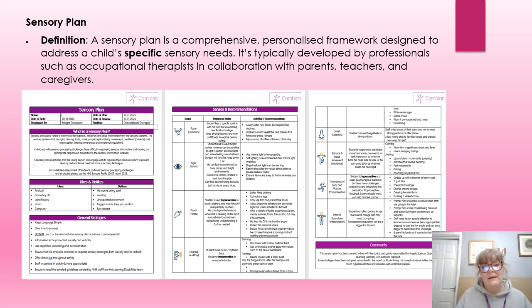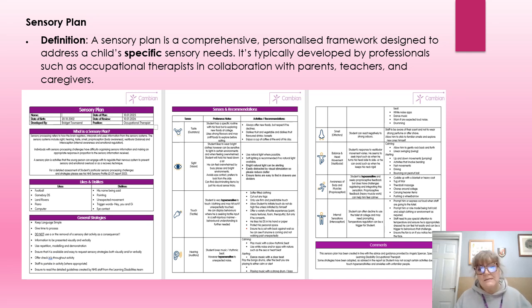These are proactive and preventative measures that help the young person regulate before sensory overwhelm occurs. And it might include things like scheduled deep pressure activities, quiet breaks in a calm corner, some adjustments to the environment, so reducing light or noise or things like that.